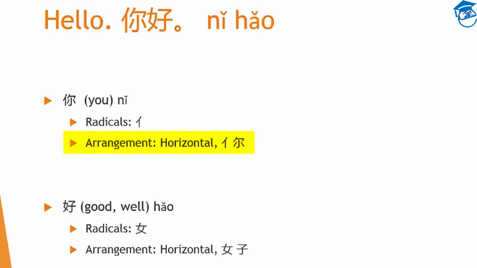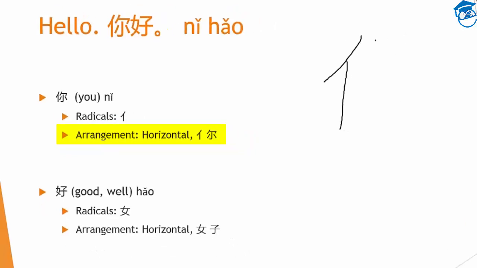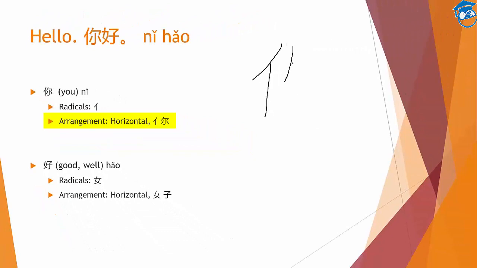So the strokes follow how I write. So first one, second, third, fourth, fifth, sixth, seven. So it has 7 strokes. So this is how you write the word ni.